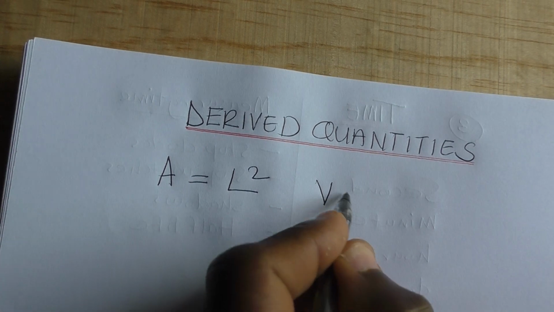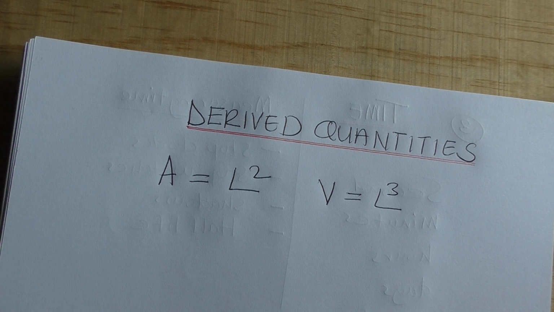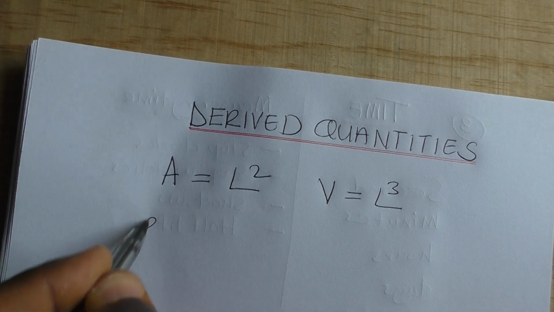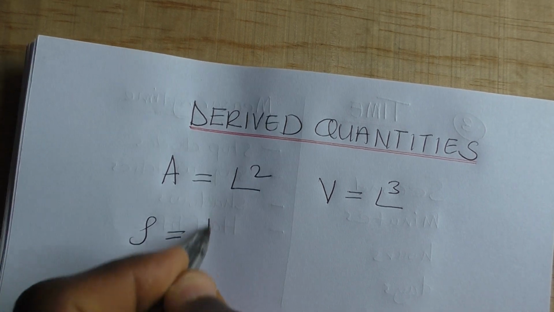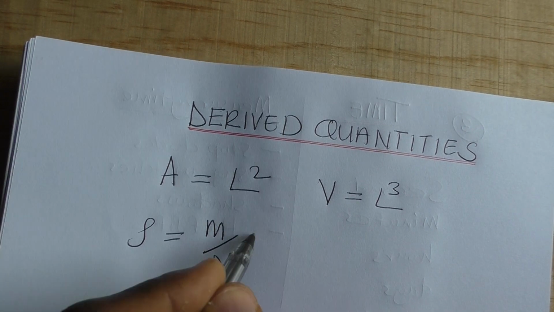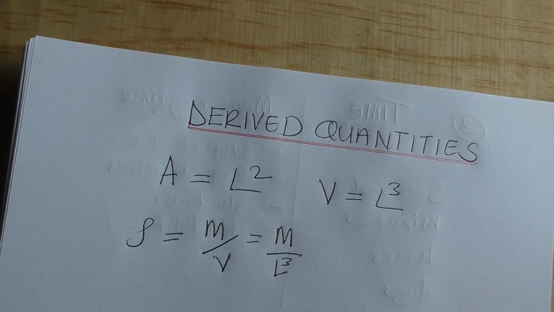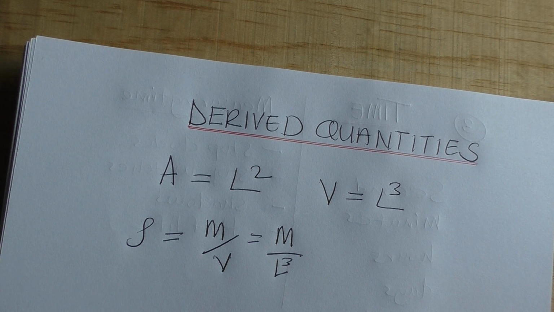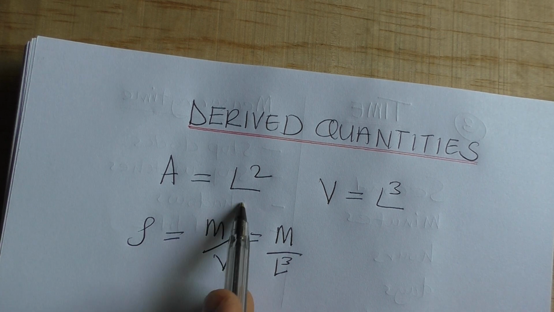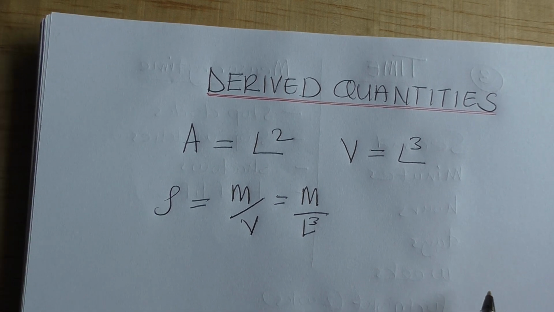Volume is given by length cubed. Density is given by mass over volume, which is mass over length cubed, among others. So these are all derived from the fundamental quantities.